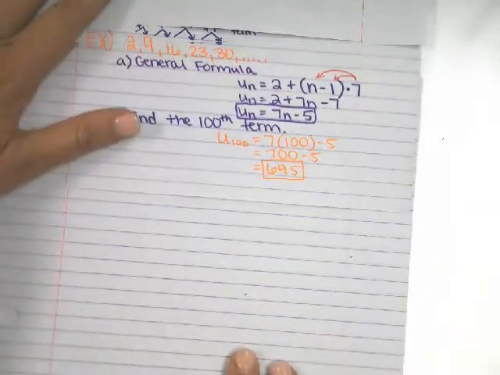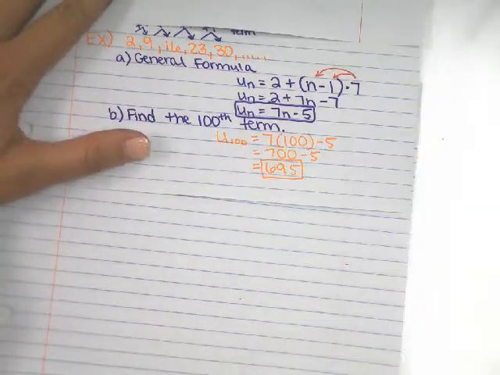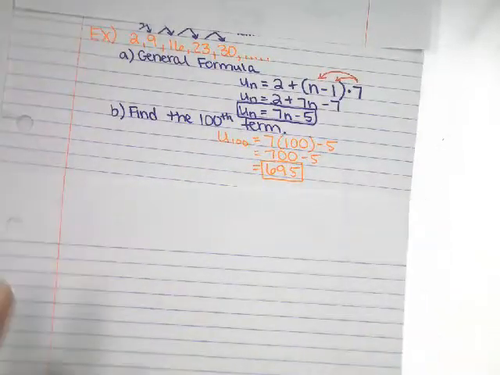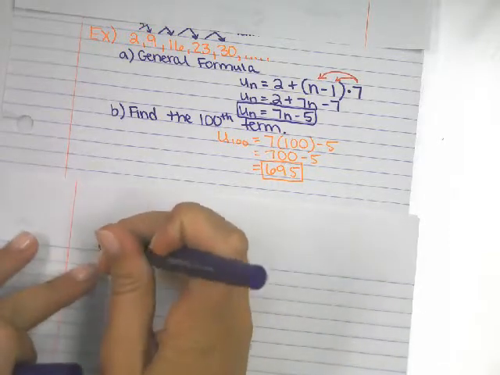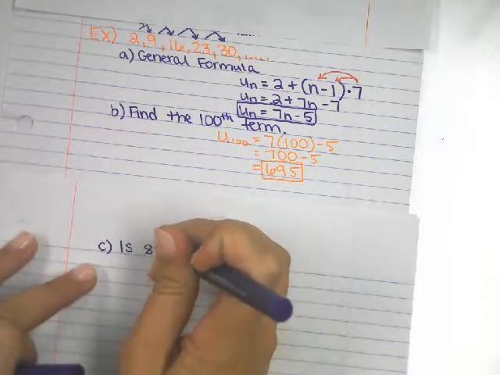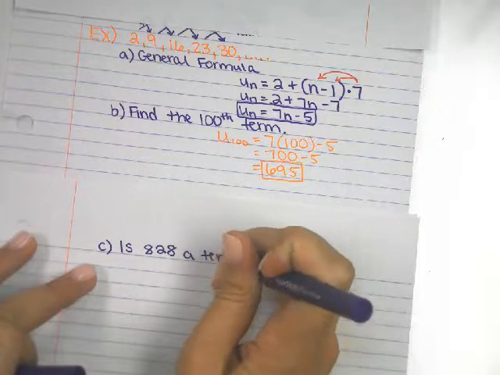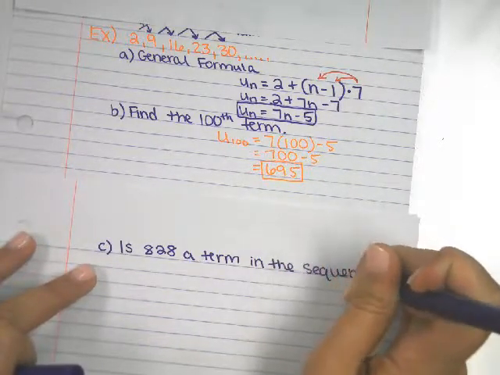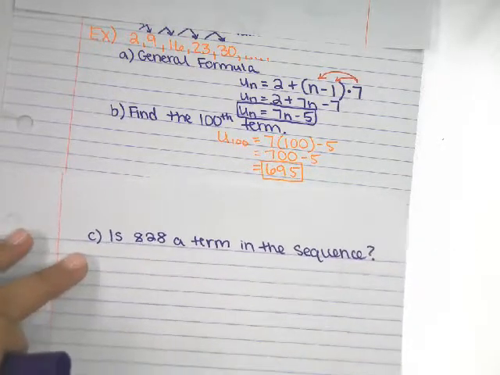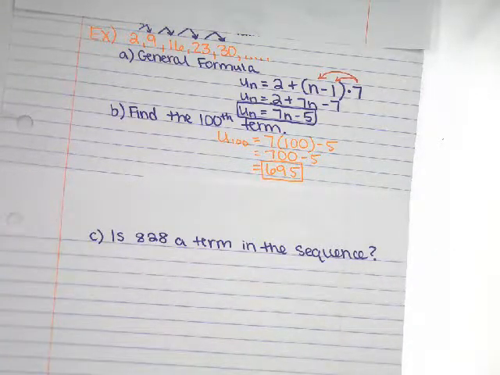Okay, we're going to keep working with the same sequence. I'm out of paper, so I'm going to flip over here. Okay, so next piece, C. Is 828 a term in the sequence?